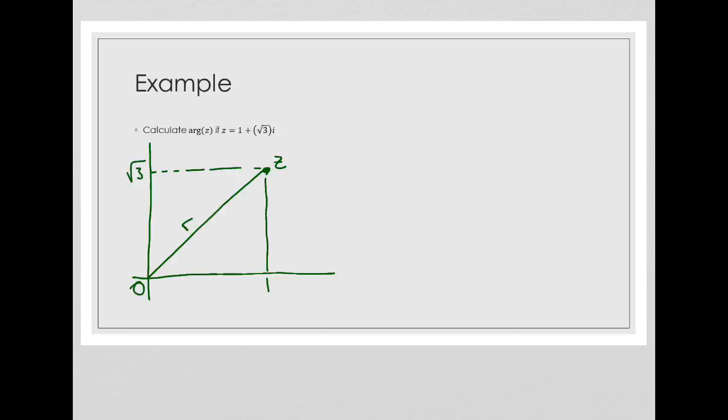So to calculate theta, the argument, you can choose which function to use. If we go straight to tan, because we know this side has length square root 3, and the length of this side is 1, right? So we can immediately go to tan of theta equal to, remember the ratio of tan is y over x.